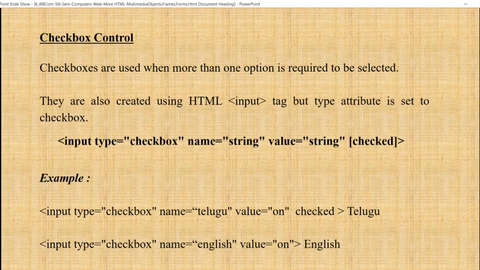In previous slides we have taken input type equals to text, input type equals to password. Now we have to take type equals to checkbox. Same syntax, input type equals to checkbox, name string, value string, checked. Example is input type equals to checkbox, name equals to Telugu, value on check.